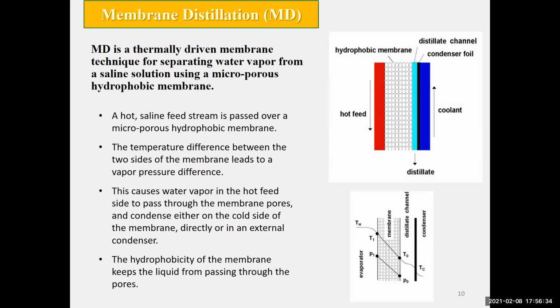Because in one end we have high temperature, on the other end we have low temperature. High temperature means higher vapor pressure. Low temperature means lower vapor pressure. So the difference in temperature creates a difference in vapor pressure, and the difference in vapor pressure moves the particles of the vapor from the high temperature to the low temperature side.